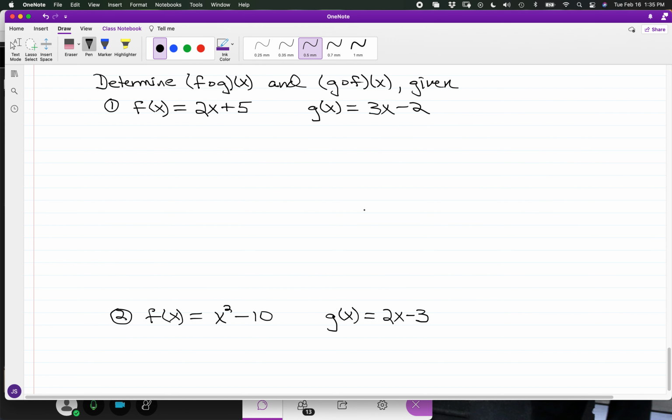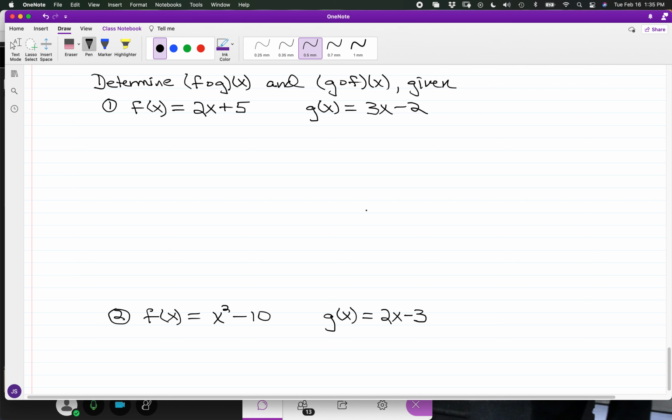Okay, for these two problems, we're looking at the compositions f composed with g of x and g composed with f of x. And for the first item, we have f of x equal to 2x plus 5, and g of x equal to 3x minus 2.